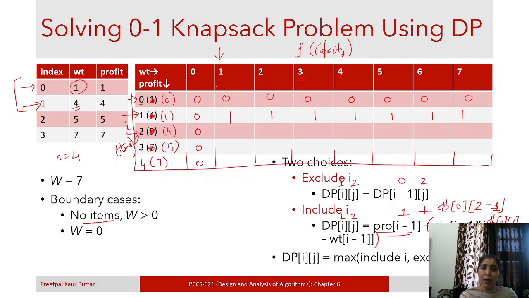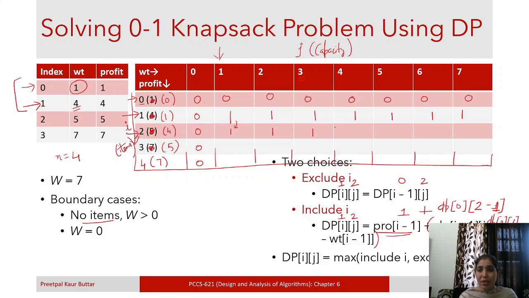No. So it means you have only one choice, to exclude this item. When you exclude this item, it means you will just copy the solution from the upper cell. Similarly, when the capacity is 2, then also you cannot put this item. You have to exclude this item. When you have capacity 3, then also you cannot pick this item. You have to exclude this item.